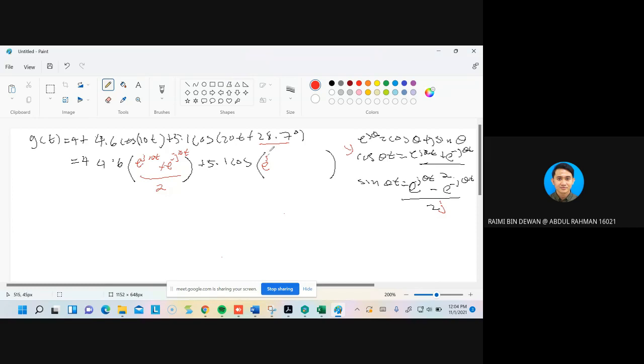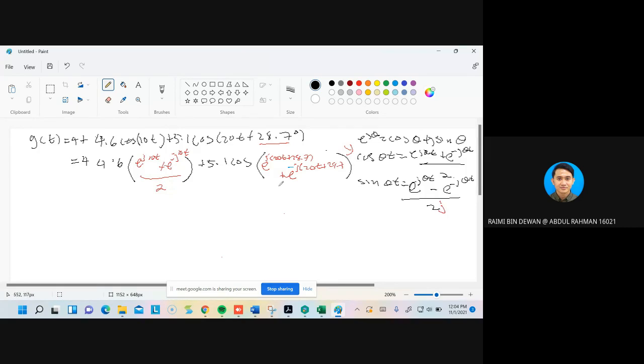Similarly, e to the j, however it's a bit bigger now, instead you have 20t plus 28.7. Then you add e to the negative j, 20t plus 28.7, something like that, and then close the bracket. Sorry, I don't have enough space.